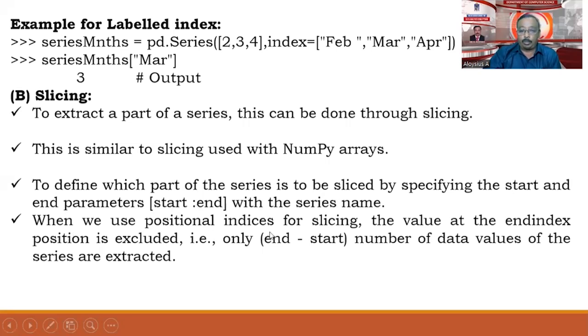When we use positional indices for slicing, the value at the end index position is excluded. So you give the start value and end value, and up to the end minus 1 location, you are going to get the output. The number of data values extracted from the series will be the end minus start values. So that many values will be available in the output.